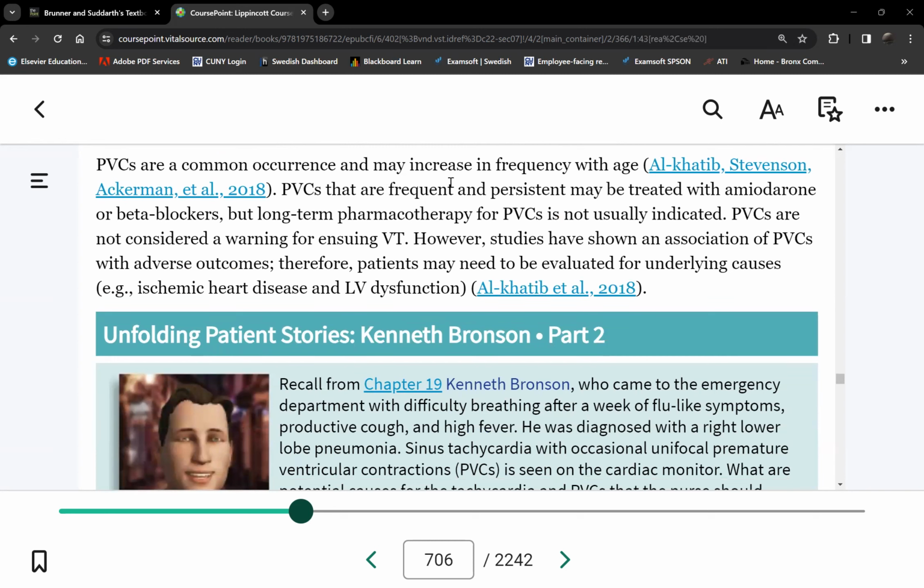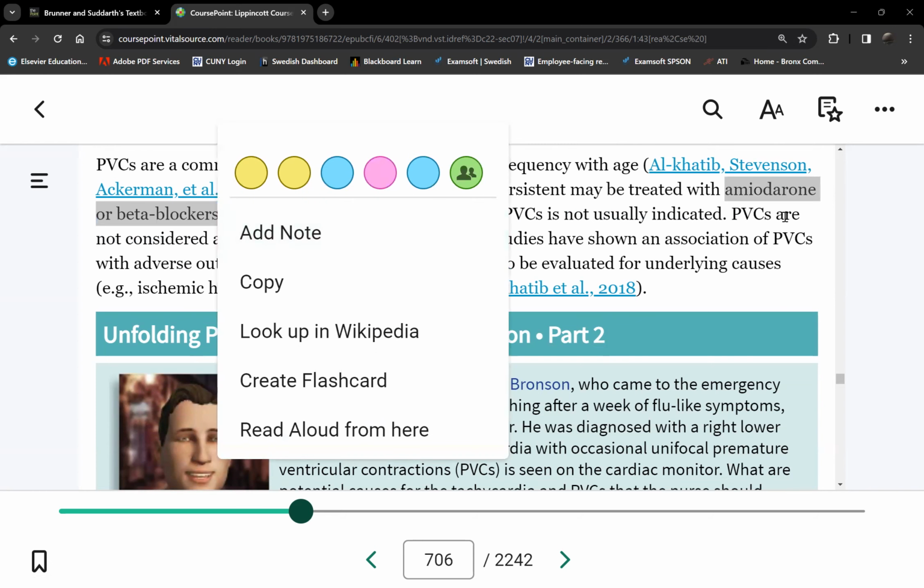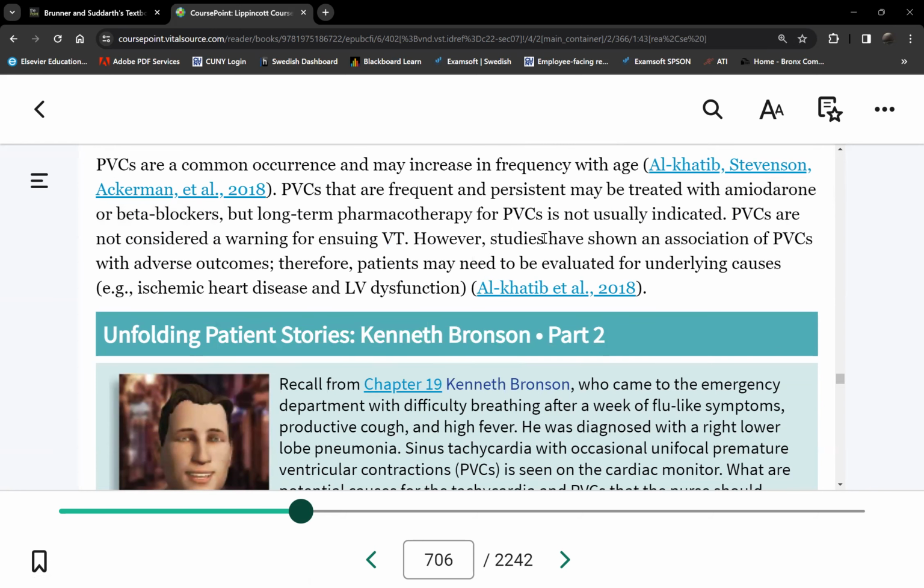If they are frequent and persistent, meaning they follow couplets or triplets, or trigeminy, quadrigeminy, and it's sustained for a long time, and the patient is now showing symptoms, we treat them with amiodarone or beta blockers. They may be given by mouth or IV, depending on the patient's condition and symptoms.